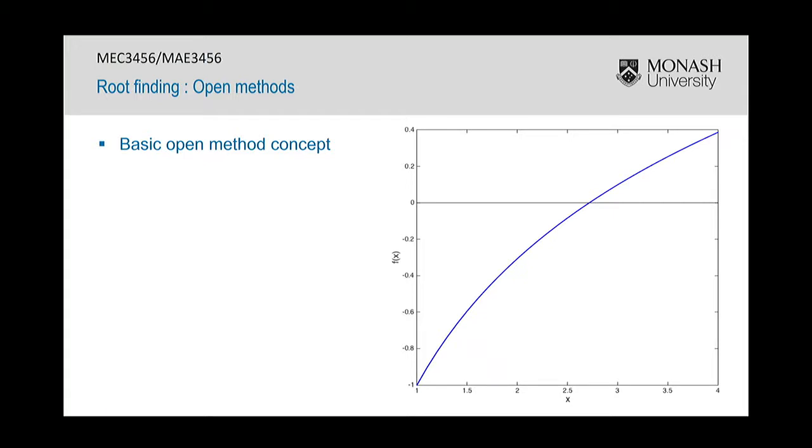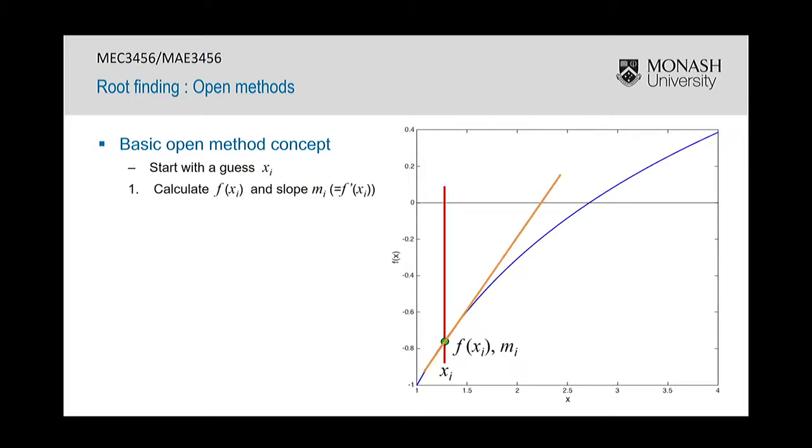The basic concept of the open methods is as follows. We have a function represented by that blue curve there. We need to start with a guess, and I'm going to call the guess xi. It's the current guess. The next thing we need to do is calculate the function value at xi, that's that green point there, and we also need to know the slope of the function there.